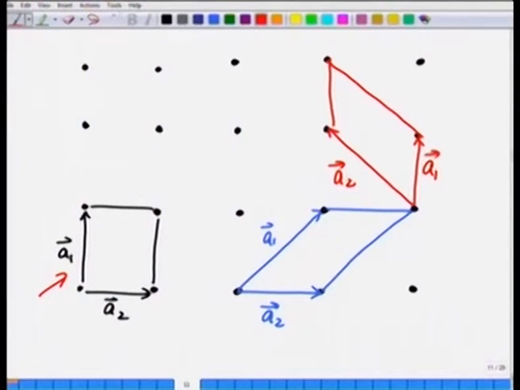Though this or this lattice has exactly the same symmetry, for a person looking at it, the unit cells look like a rhombus or a parallelogram. They do not show the symmetry of a square type lattice.